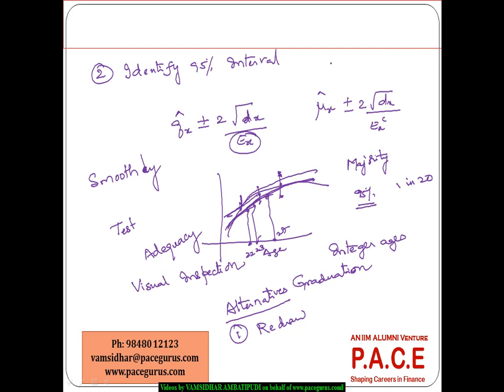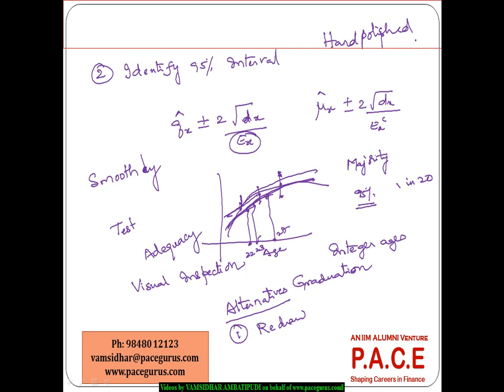Based on whatever graduated rates come out, do a hand polishing of those graduated rates by making some minor modifications and adjustments, so that both smoothness and adherence to the data come out more effectively. That is how we perform graduation using a graphical method.